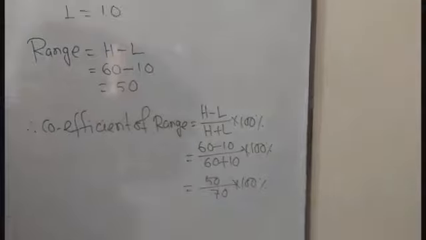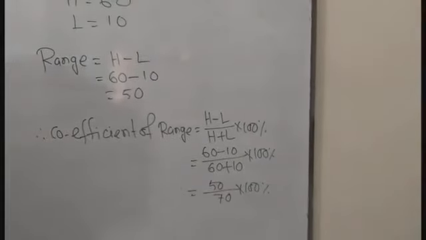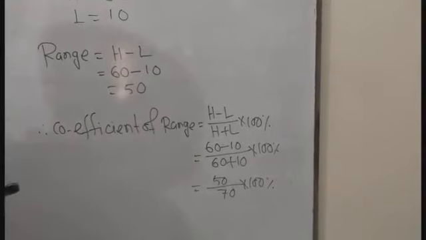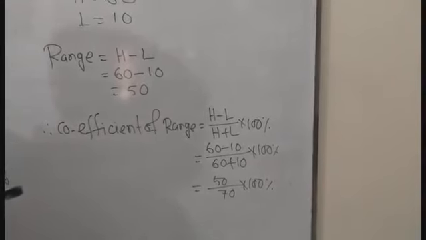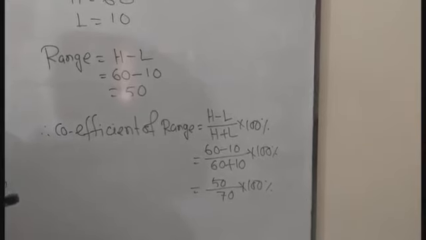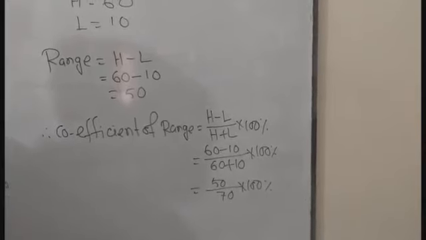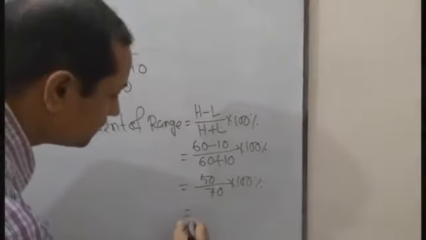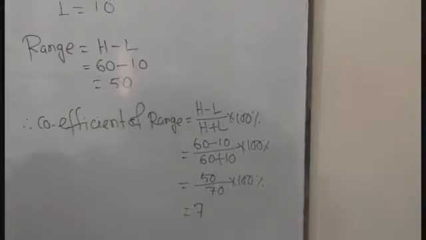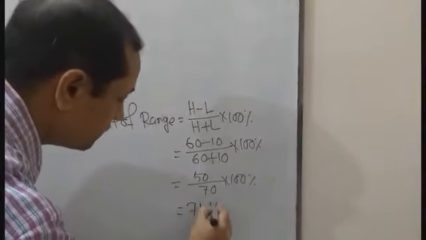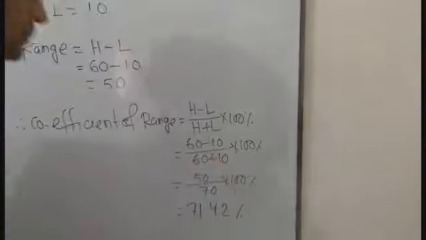Using the calculator, 50 into 100 divide 70 equals 71.42%.